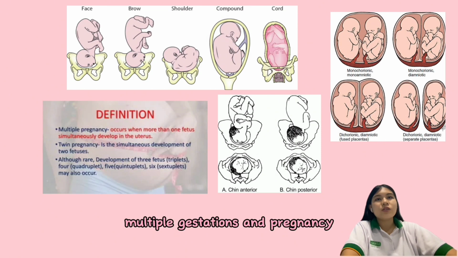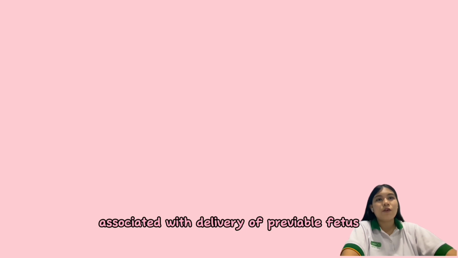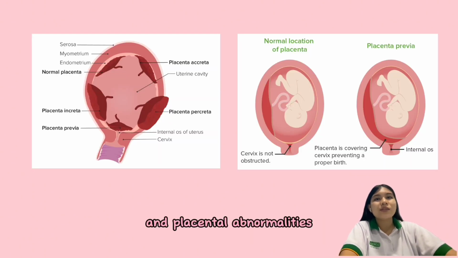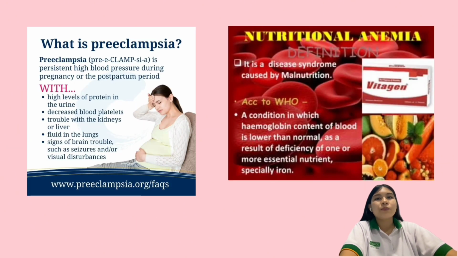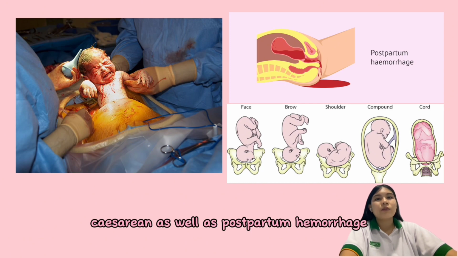Multiple gestations or pregnancies, malposition, and malpresentation may have effects associated with delivery of a previable fetus. If the mother had previous dystocia and placental abnormalities, there will be effects associated with nutritional anemia, preeclampsia, preterm labor, malpresentation, cesarean, as well as postpartum hemorrhage.